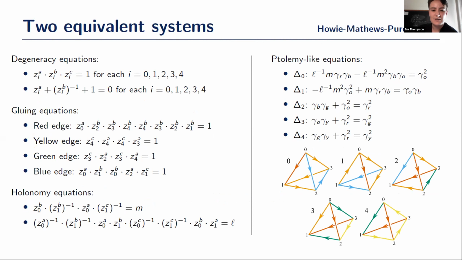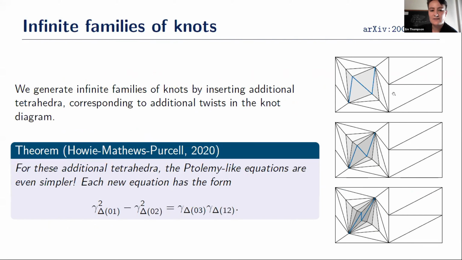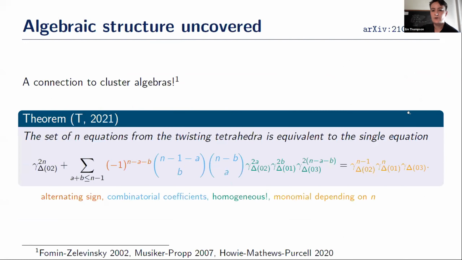Okay, and I really don't have time to say much more, but the work that is much more current is about using this structure to say something about the deformation space for infinite families of knots. Josh Howie, Dan Mathews and Jessica Purcell had the paper on this from 2020, and I've been working to extend this, using the fact that this extra structure that we uncovered is similar to the sorts of things you see in cluster algebras.